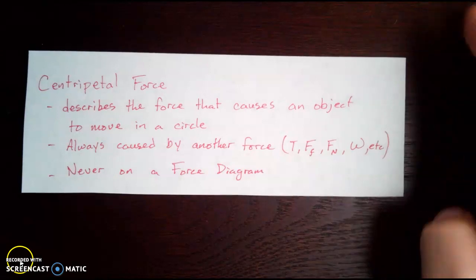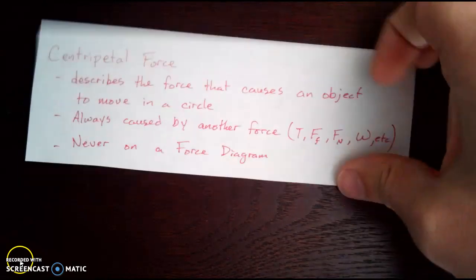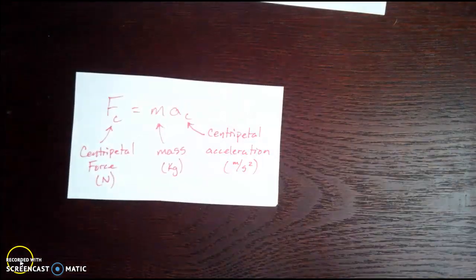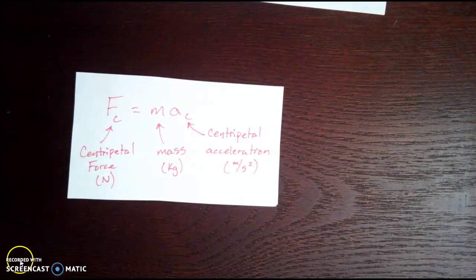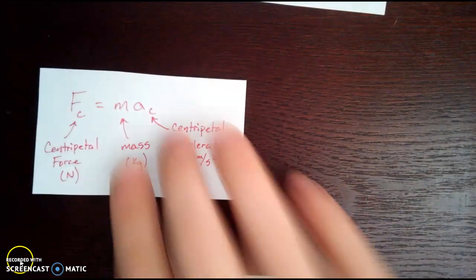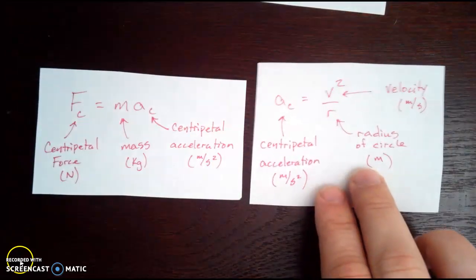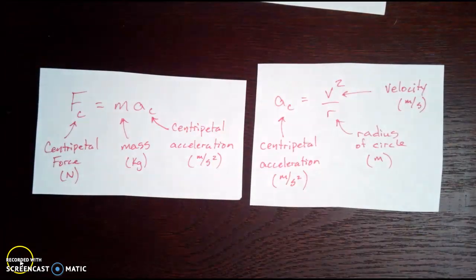Okay, so let's dig into centripetal force. Let's start with an equation. The centripetal force is equal to mass times the centripetal acceleration. But we need to know what the centripetal acceleration is. Centripetal acceleration is equal to the velocity squared divided by the radius of the circle that it's going through.